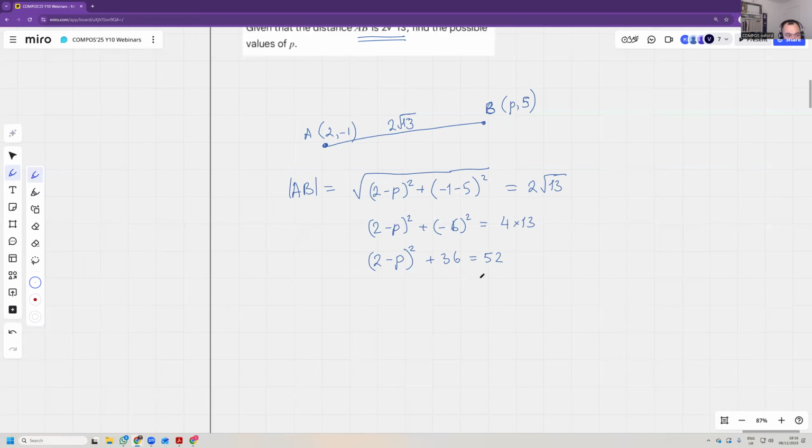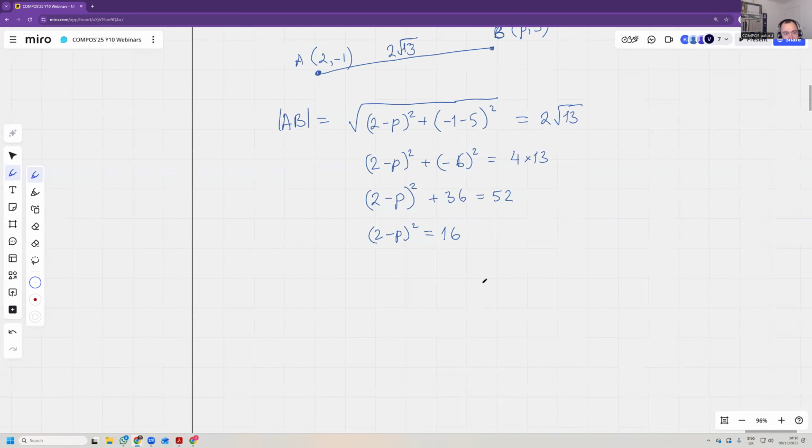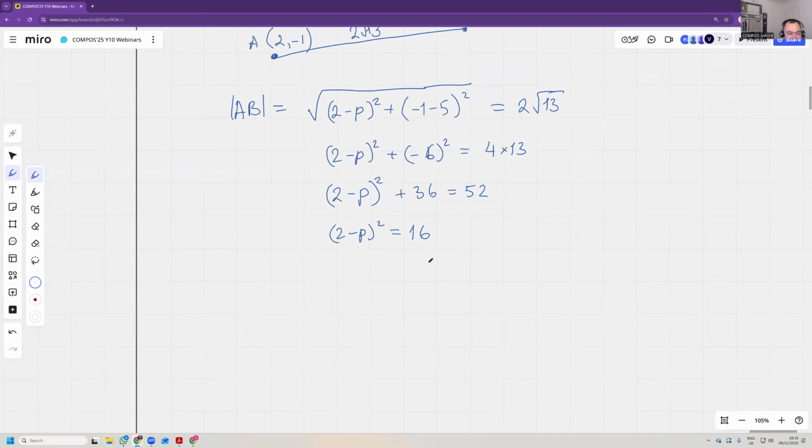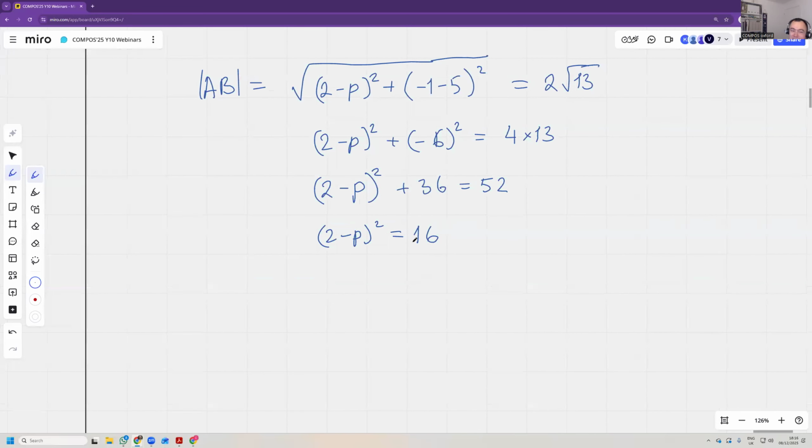So (2 minus p) squared plus 36 equals 52. Oh, that doesn't make any sense. Oh, yeah, it does, sorry. (2 minus p) squared, of course, is 52 minus 36, which is 16. So after all, we didn't need to open the brackets, because now we can just take the square root of both sides.